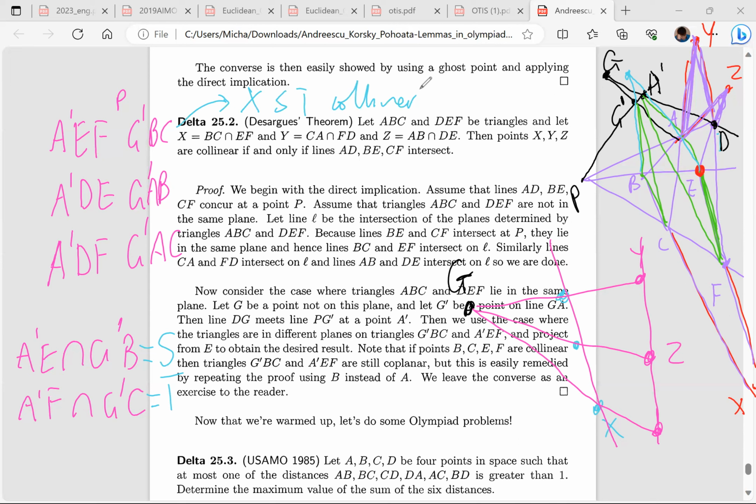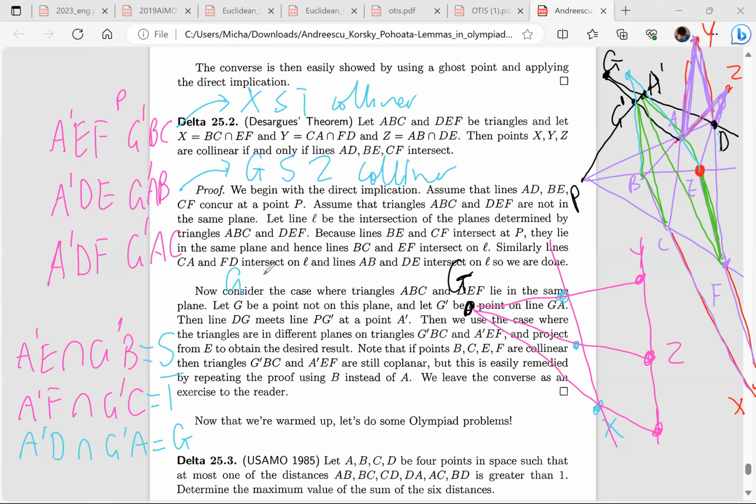If you apply it to this one, it's obviously A prime D intersects G prime A; that's just the definition of G. The second one tells you G, S, and Z are collinear.